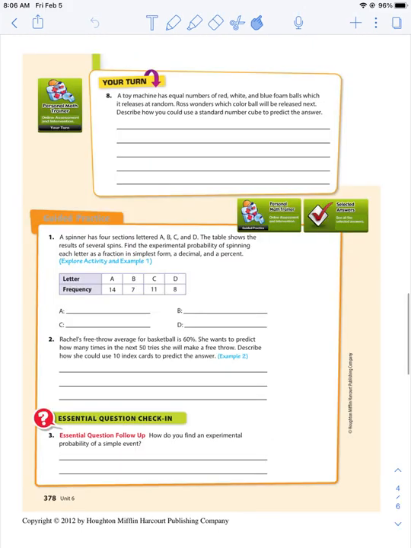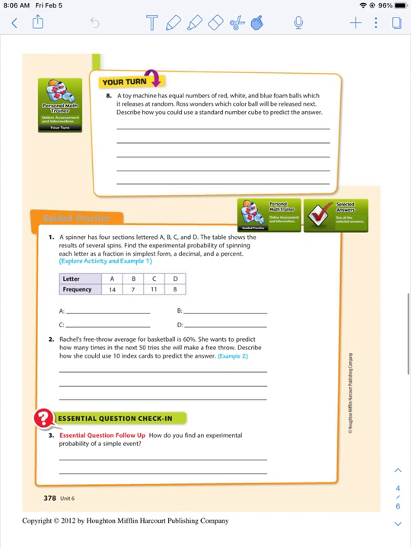All right, let's read through this number 8 together. A toy machine has equal numbers of red, white, and blue foam balls, which it releases at random. Ross wonders which color ball will be released next. Describe how you could use a standard number cube to predict the answer. Well, to make a simulation, we want to find something that has equal chances of 3 different outcomes.